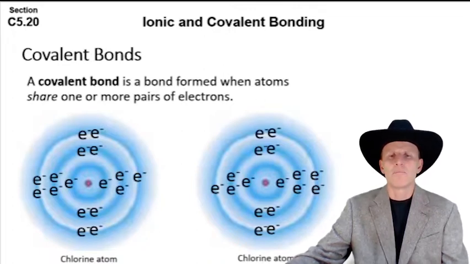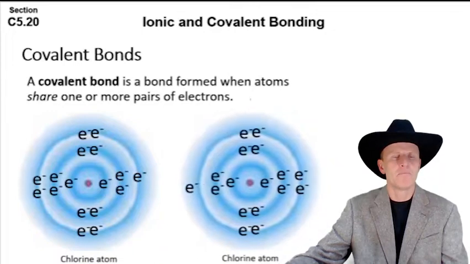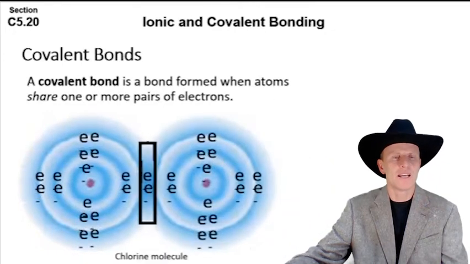Covalent compounds can be solids, liquids, or gases. Bonds in which atoms share electrons equally are called nonpolar covalent bonds. For example, a chlorine atom and another chlorine atom. They both need to share an electron in order for their outer energy level to be filled. That creates the chlorine molecule.